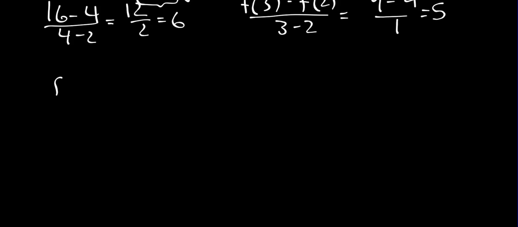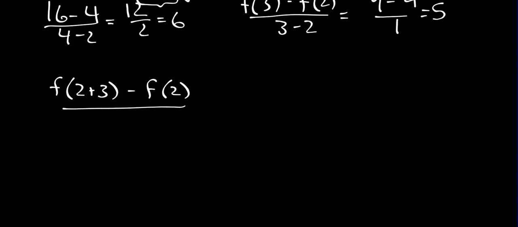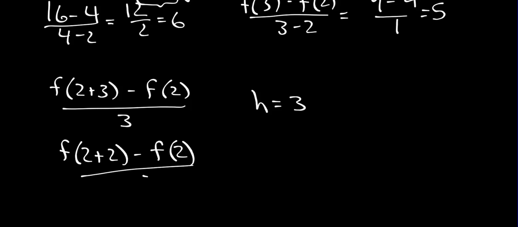We looked at f of 2 plus 3 minus f of 2, well, over 3, right? That's the distance. Okay, so here h was 3. Then we had f of 2 plus 2, h of 2. So you can see how this works.